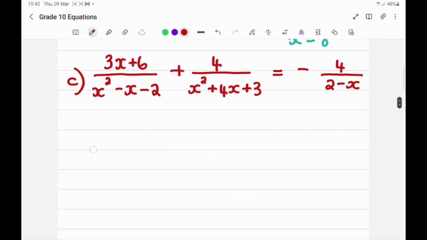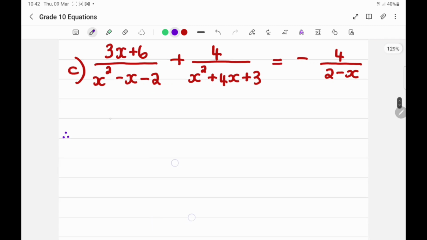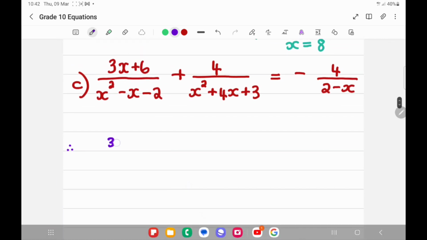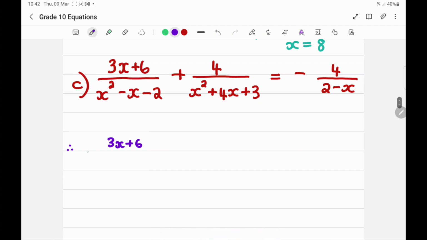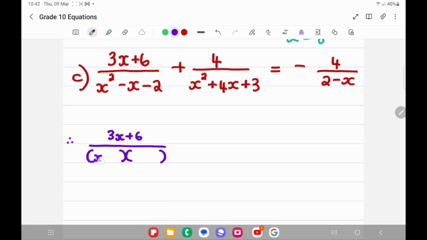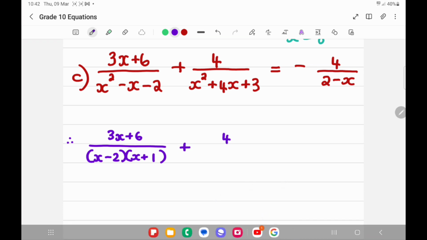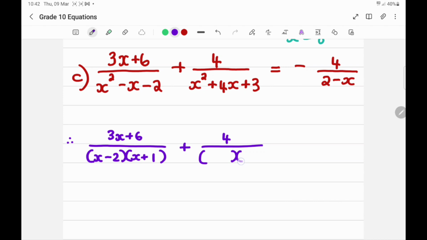Okay, now for one big long one. I'm going to factorize the denominators. They're different. The first one is a minus, and 2 times 1 plus 4 over, they're the same and they're both positives, and 3 times 1.